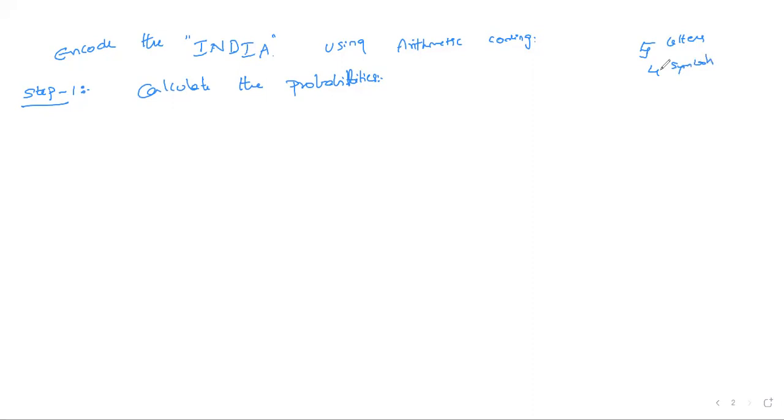Let us calculate the probabilities. So arrange them in dictionary order. So first A, next D, next I, next N. So symbol, probability.